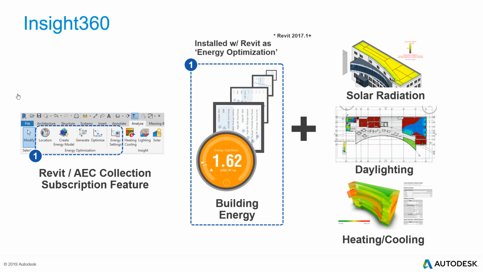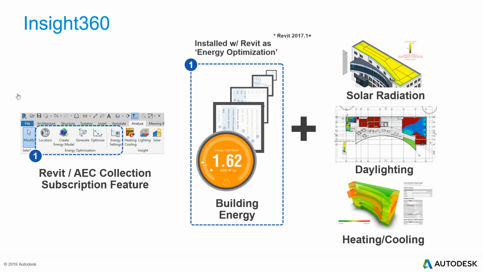The software is looking at your building very globally, very holistically, and as you could see here in the middle, I have this green or orange or red circle with a different number.